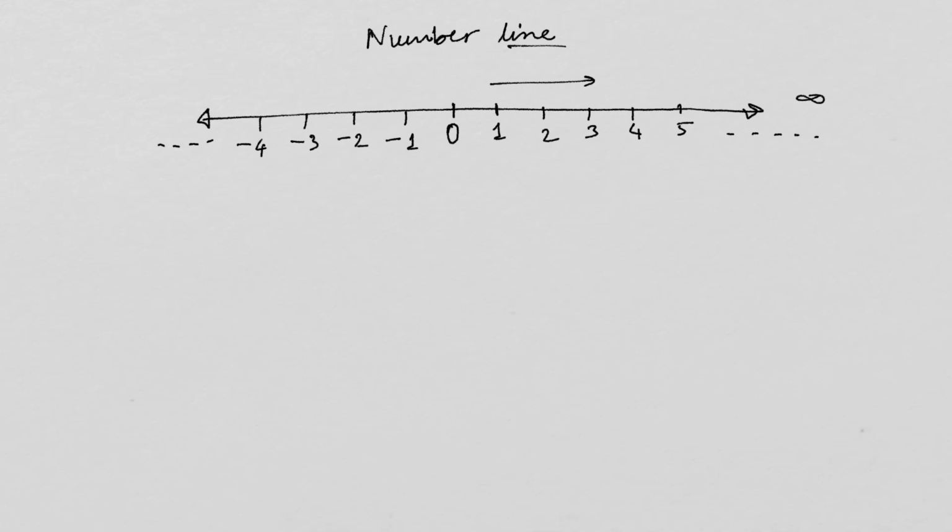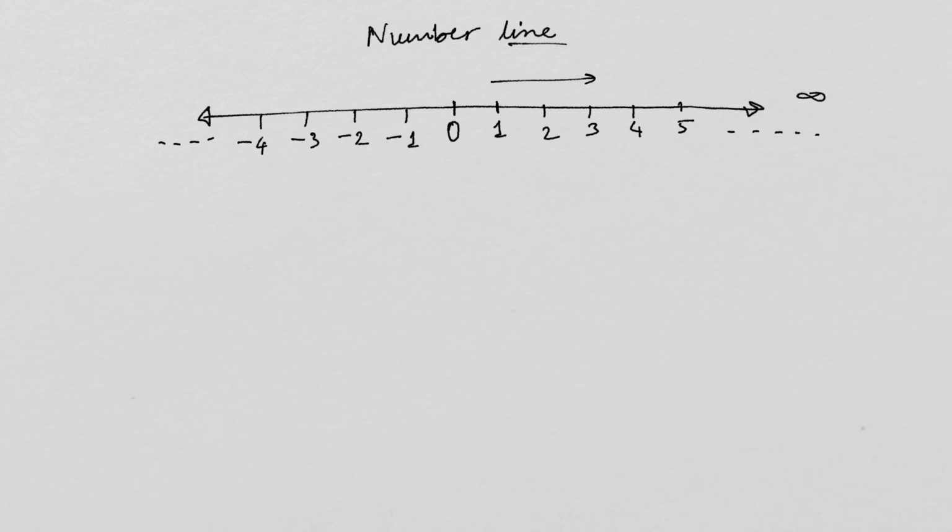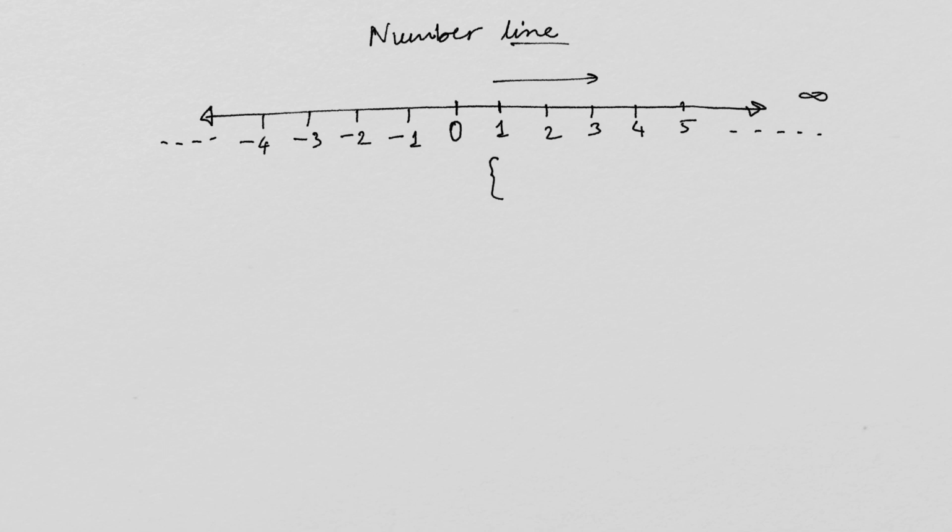Now the number line helps us learn wonderful things about numbers. The counting numbers, which start from 1 till infinity, like 1, 2, 3, 4, are called the counting numbers.